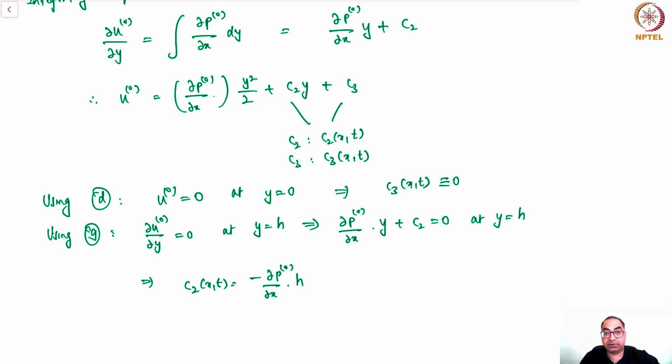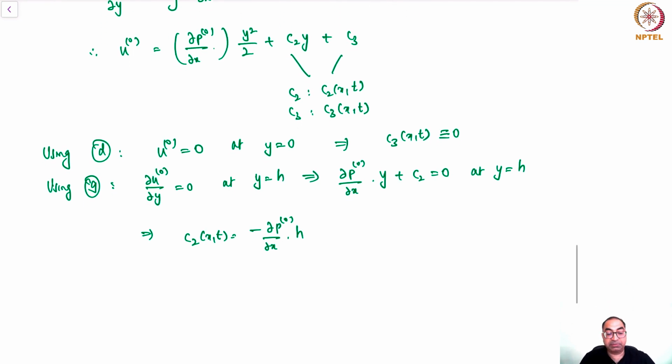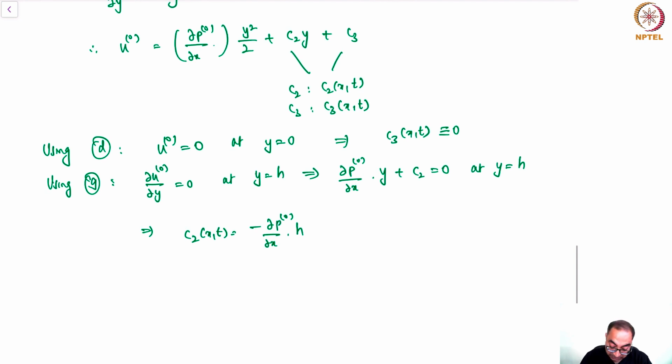That's the expression for C2. Now that I know C2, I can substitute it back into the velocity field. The velocity becomes del p0 by del x times y square over 2 minus h times y. That's my velocity field.